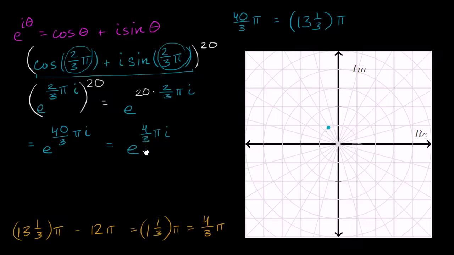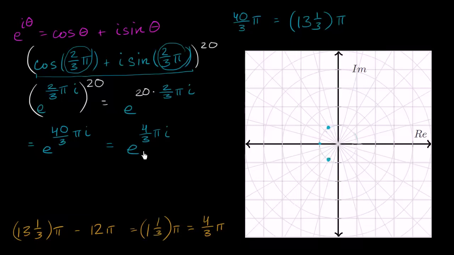So 4/3 pi is the same thing as 1 1/3 pi. This would be pi, and now we just go another 1/3 pi. Each of these is pi over 12, so we go 4 pi over 12: 1, 2, 3, 4 gets us right over there.